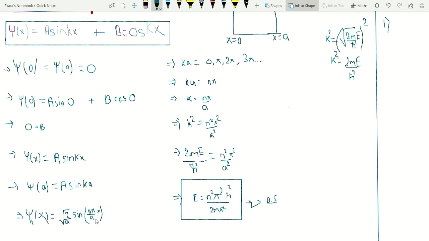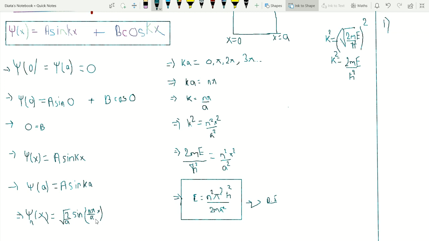It means if we put down the value of n as 1, 2, 3, 4, 5, 6, this solution can have an infinite set of solutions, for every value of n.